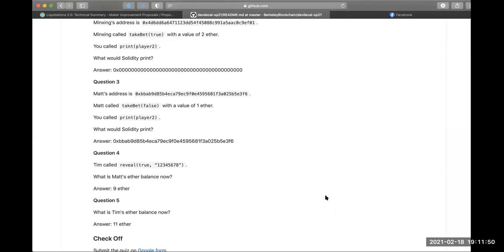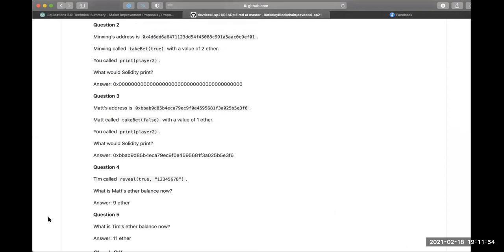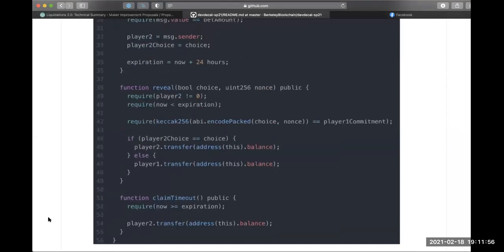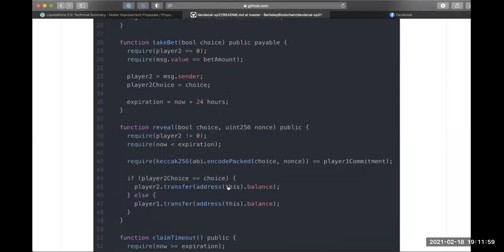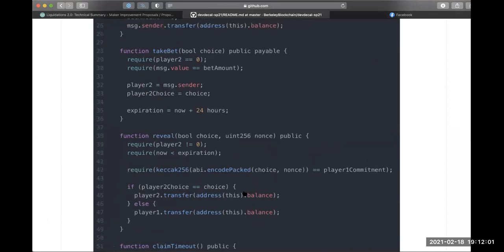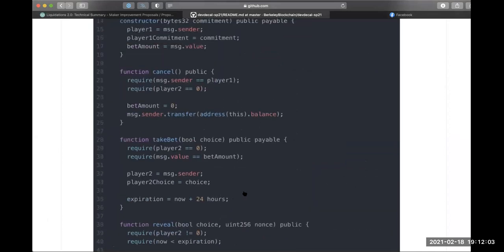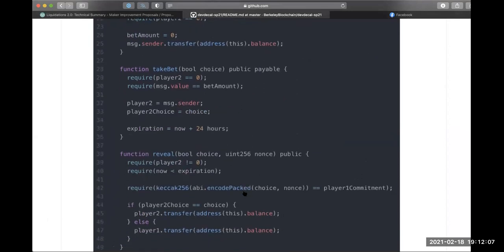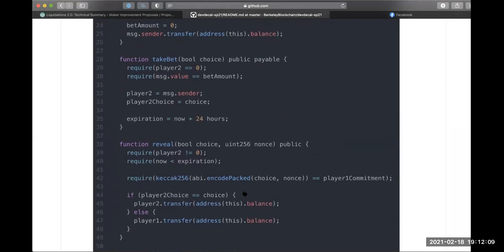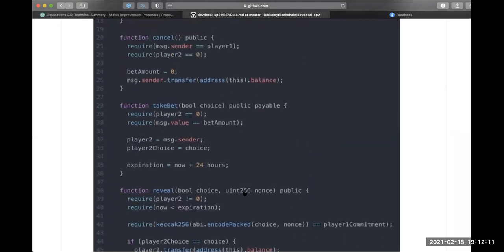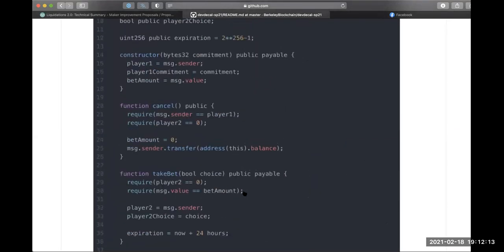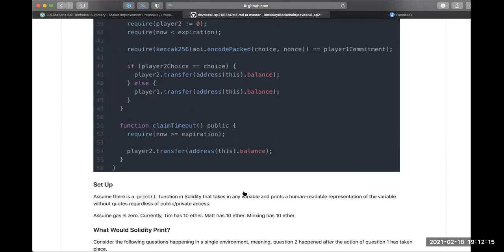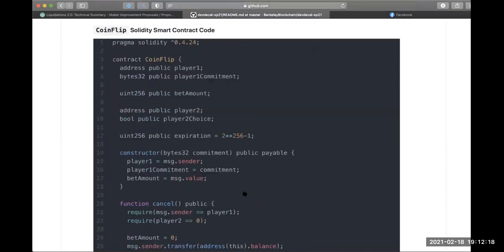Okay, so when does this dot balance become 1? Because if you're transferring, it's dot transfer address this dot balance, right? But when does that become 1 in take bet? Wait, I thought that this dot balance was 2, and the contract had 2, and then that got transferred to player 1.